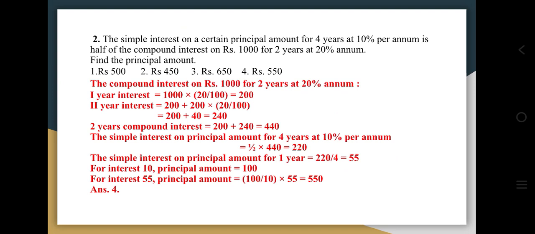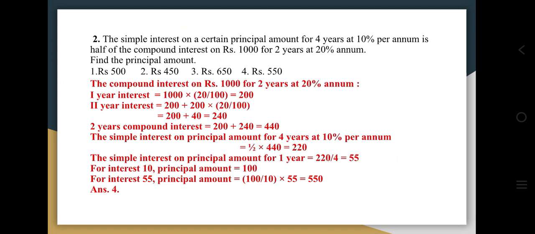What is the interest rate? 10%. So 10% per annum interest means if the interest is 10, then the principal amount is 100. But here the interest is 55.